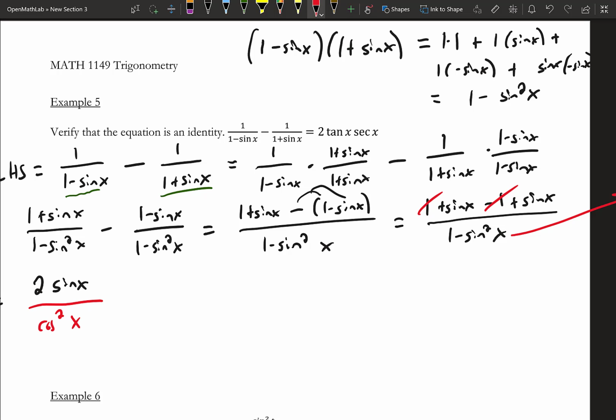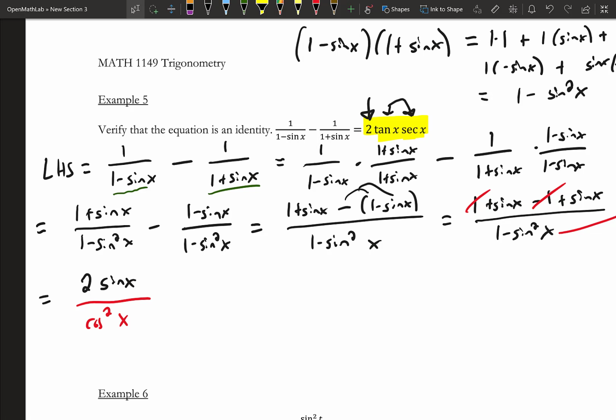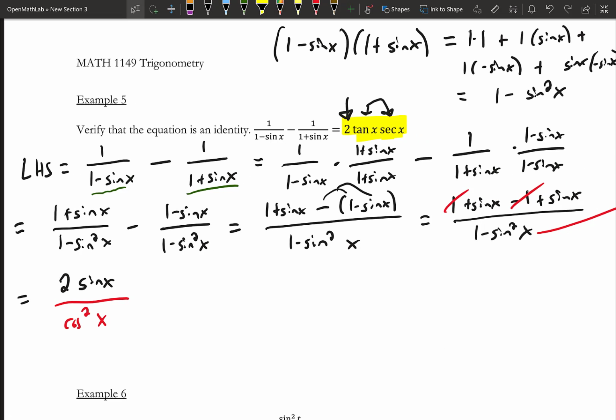You might be wondering why I want to do that, but pay attention to what we're trying to get. Our whole goal is to get something that looks like this. I already have the 2 part, and notice these parts are tangent and secant. Tangent is sine over cosine, and secant is 1 over cosine. So I'm trying to get a cosine in the bottom, which we did.